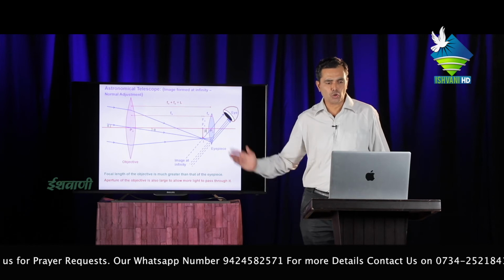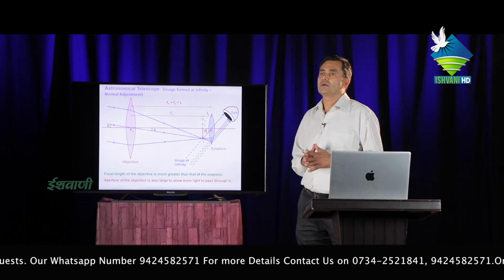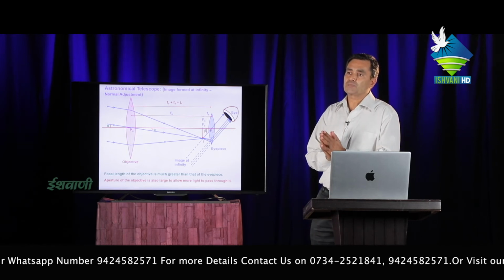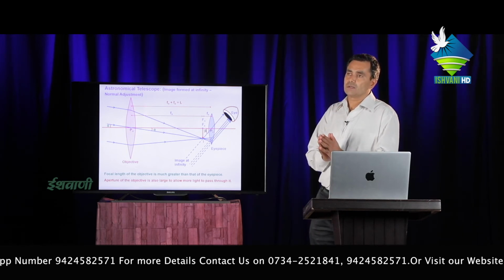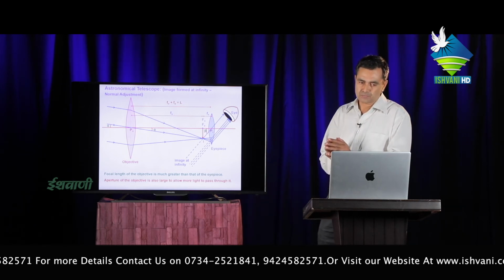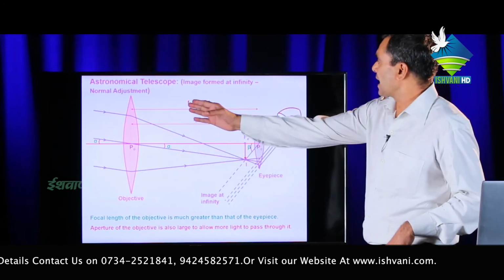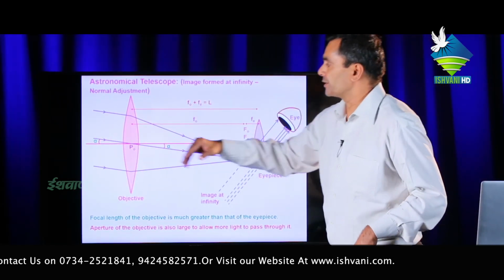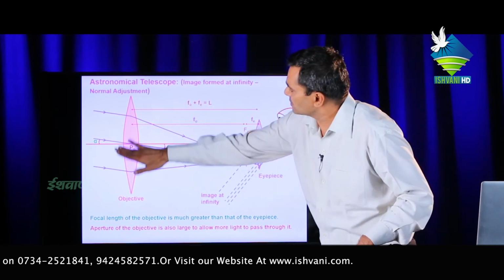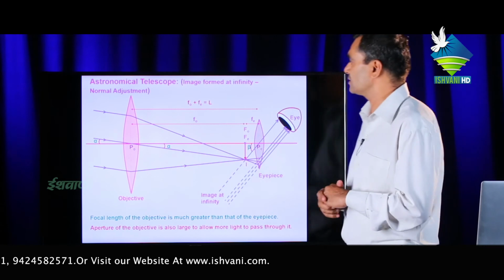Next question, astronomical telescope. An astronomical telescope is a device used to see stars and satellites in space. In the figure, light coming from infinity, with all rays remaining parallel to each other, is incident on this objective lens.